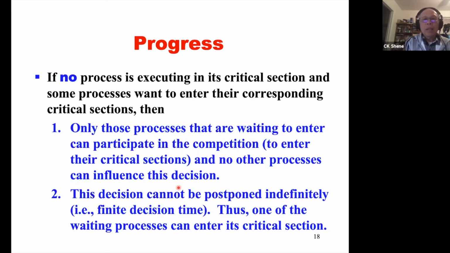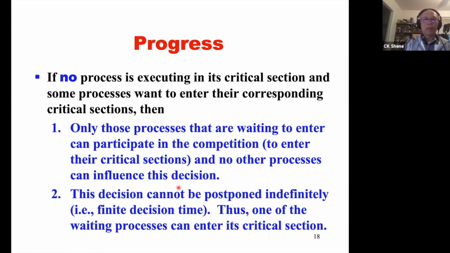Now, the progress condition is sometimes kind of confusing to some students based on my experience. So listen very carefully. Now, what if we have the following scenario? There is no process executing in its critical section. That is, the critical section is empty. But some processes want to enter.